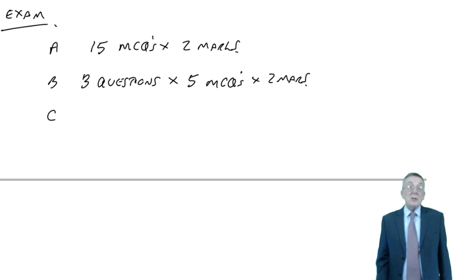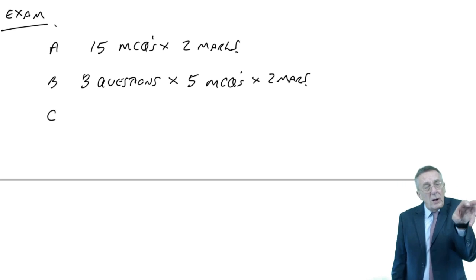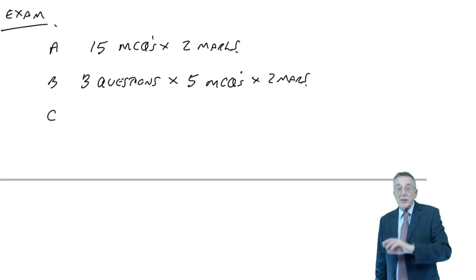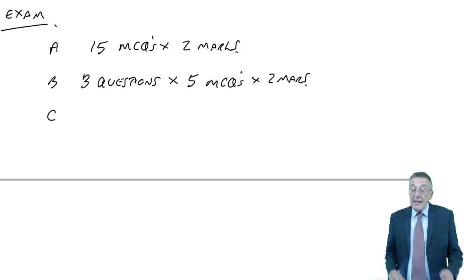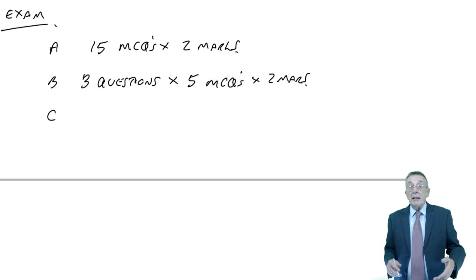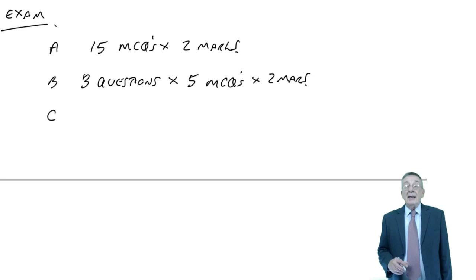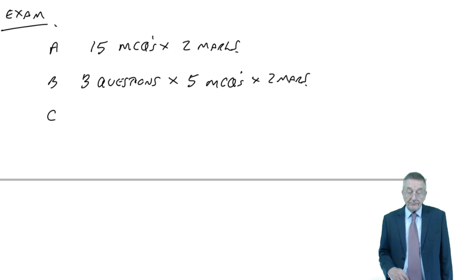So again, your 15 multiple choice, it's just that 5 of them are all based on 1 question, 5 of them on a second question, 5 of them on a third. And again, paper-based, you will just write down whether it's A, B, C or D. Computer-based, 1 or 2 of them may have you actually type in a number when there's been a calculation.